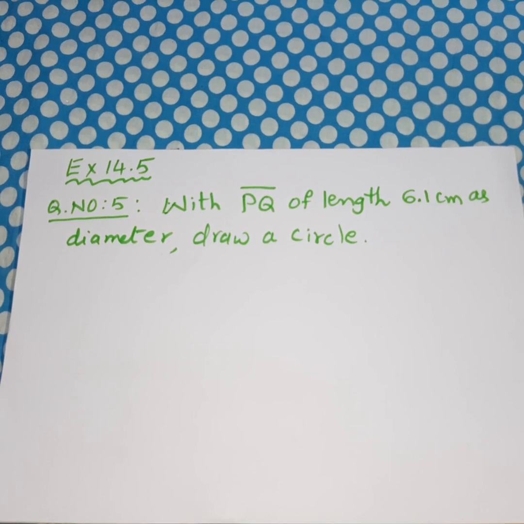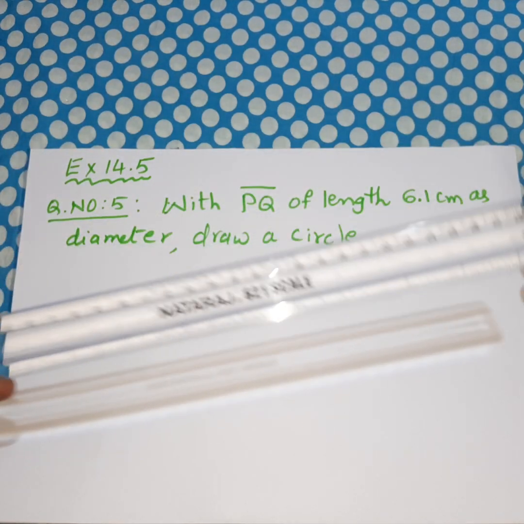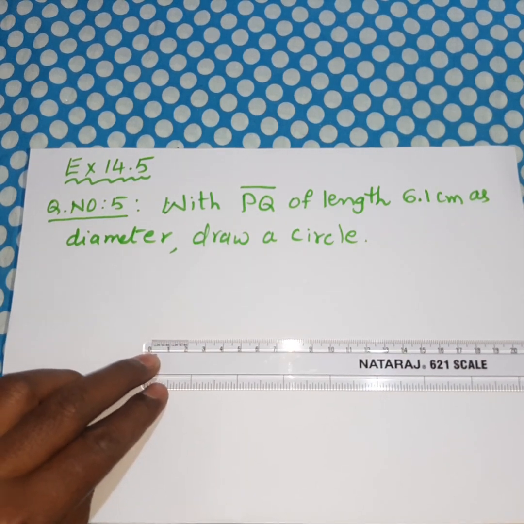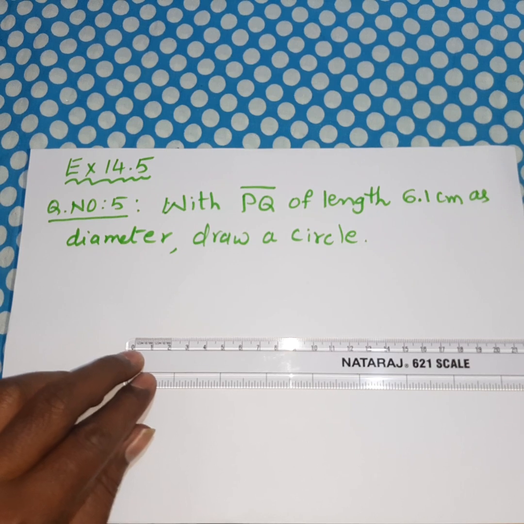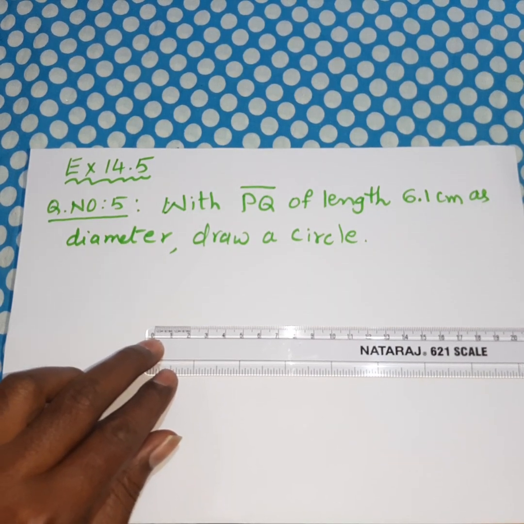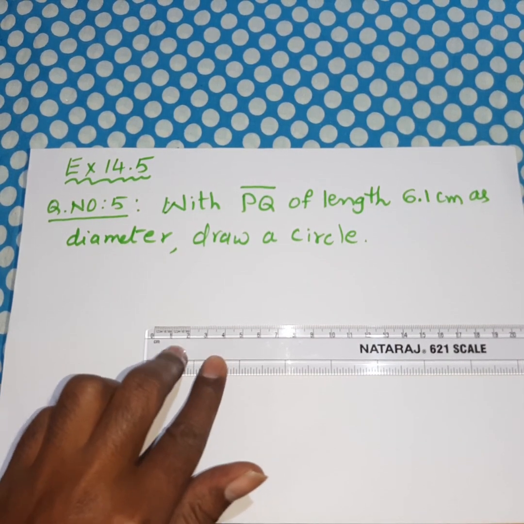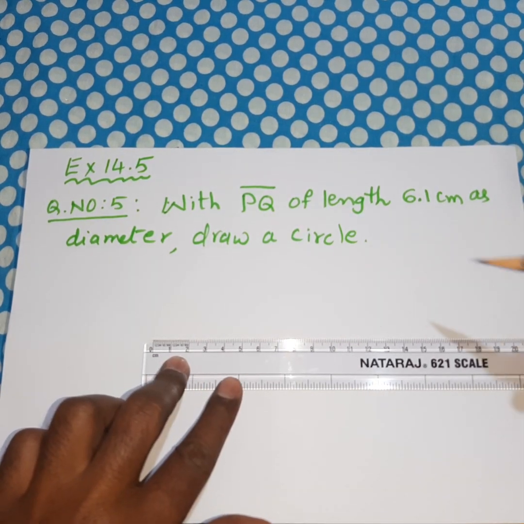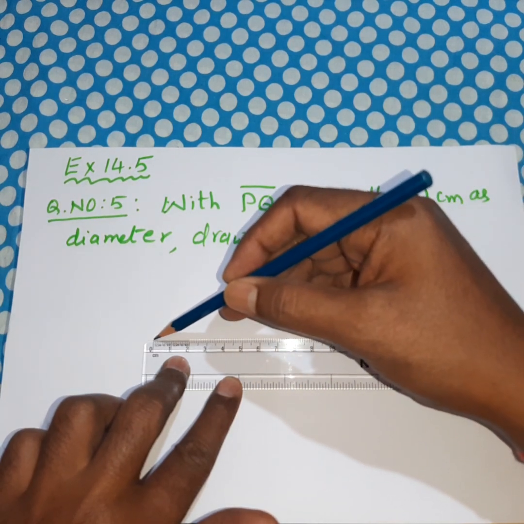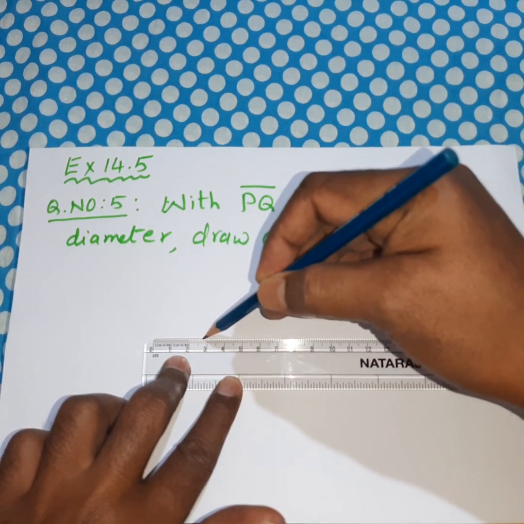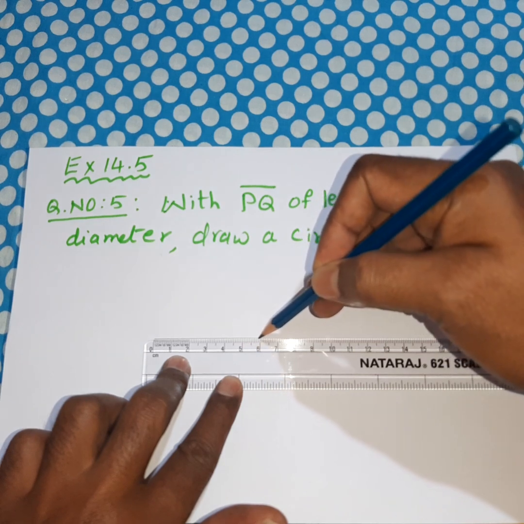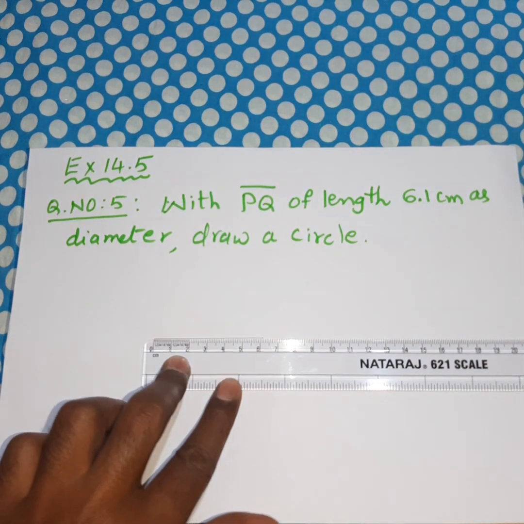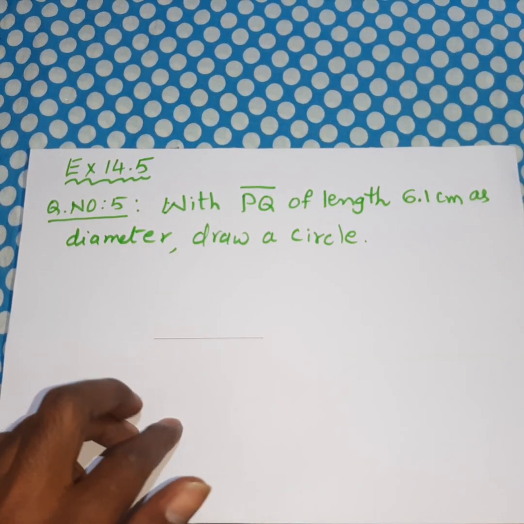First we need to draw a line segment PQ, the diameter, of 6.1 centimeter. Children, you can take it exactly from 0, in the middle. From 0 you can draw a line segment of 6.1. Clear?